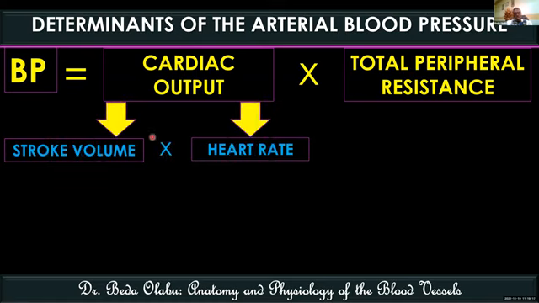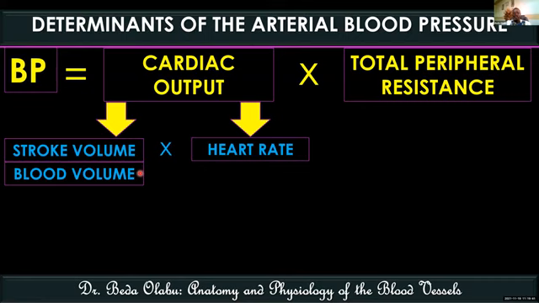Remember, cardiac output is a function of the stroke volume and the heart rate. Stroke volume is the volume of blood that is pumped in a single contraction. It will be influenced by the blood volume. If blood volume is high, the end diastolic volume will be high, and so the stroke volume will be high.